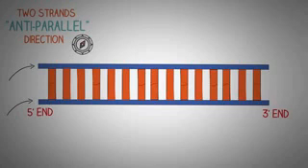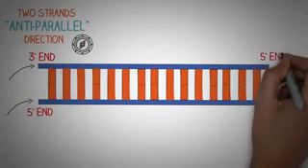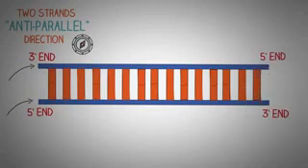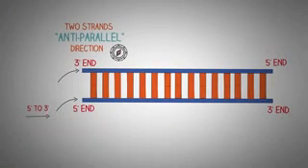And since the strand above is running in the completely opposite direction, it will have its 3' end on this side and its 5' end on this side. So due to this, the strand below is said to be running from the 5' to 3' direction, and the strand above is said to be running from the 3' to 5' direction.